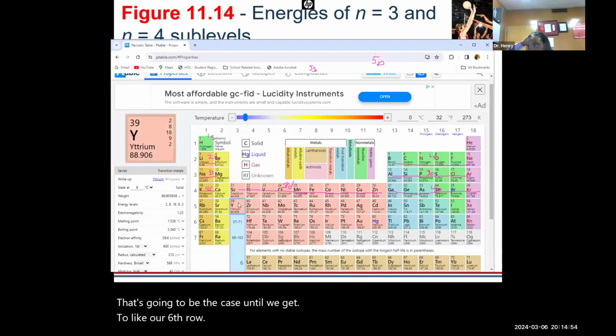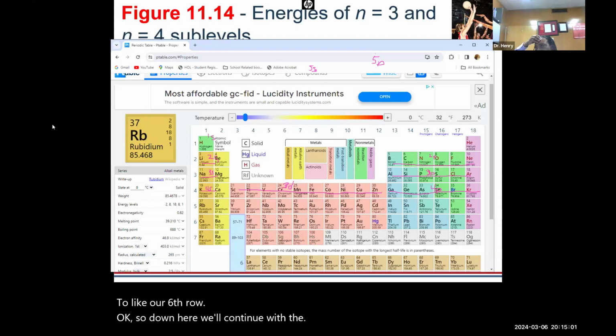Okay, so down here, we'll continue. As I said, 5s. This would be the 4d. This would be the 5p. This here is going to be our 6s.